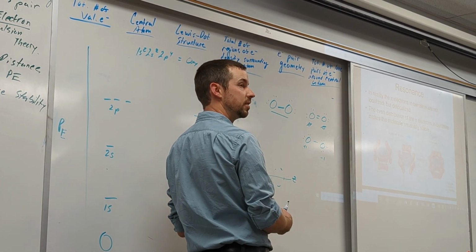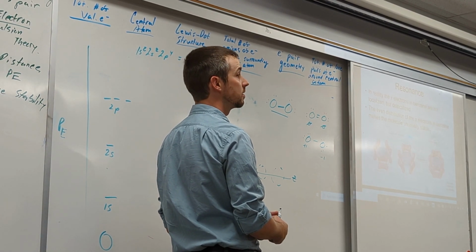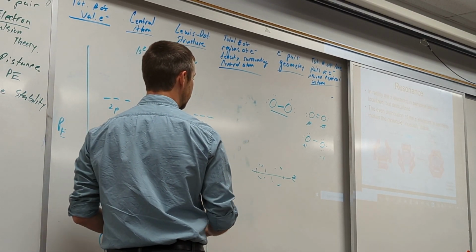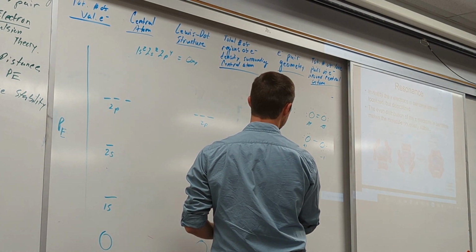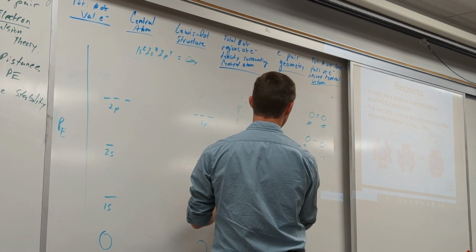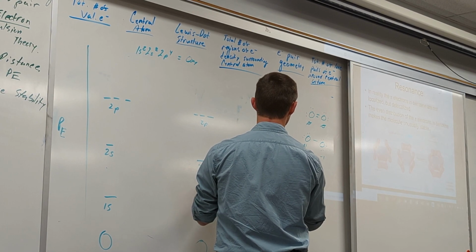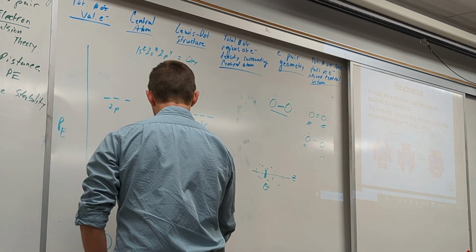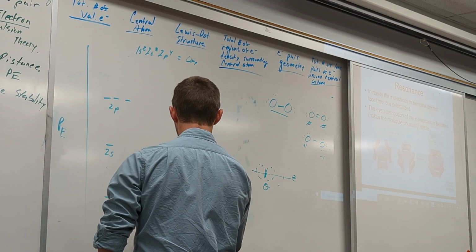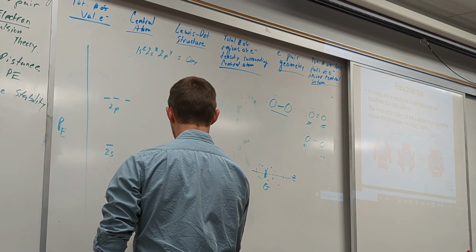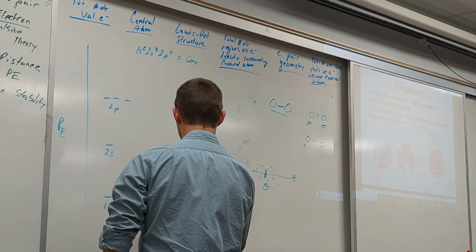Can they share electron density and overlap along that axis? And if they do, is that a sigma bond or pi bond? There's overlap, that's sigma. So let's put that in here. We have a sigma 1s option.